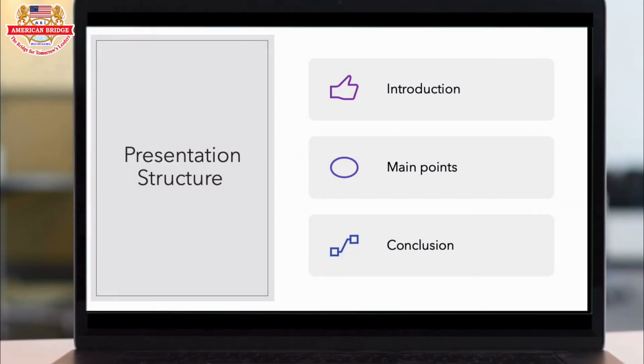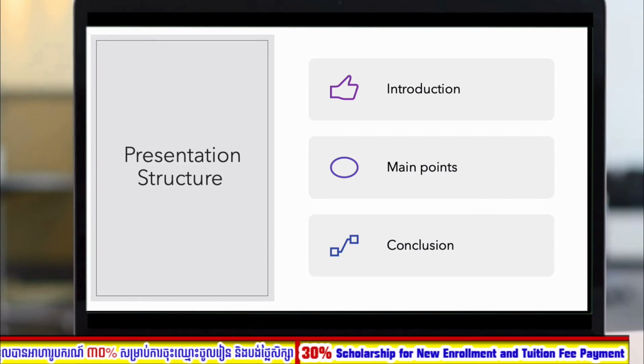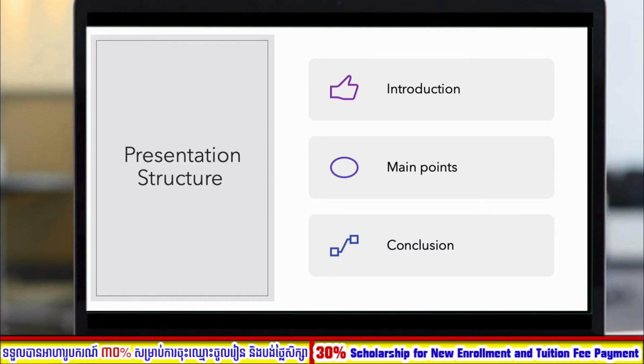Actually, in the presentation, as you have learned from the very beginner level, we have an introduction, we have the main point, and we have the conclusion, which is very general. It's very basic and everyone knows it.